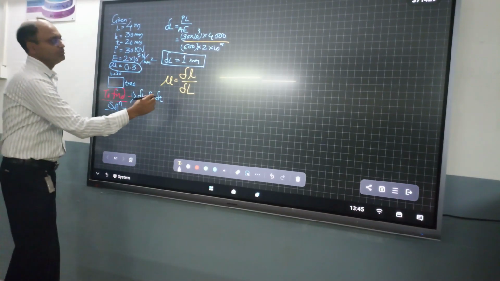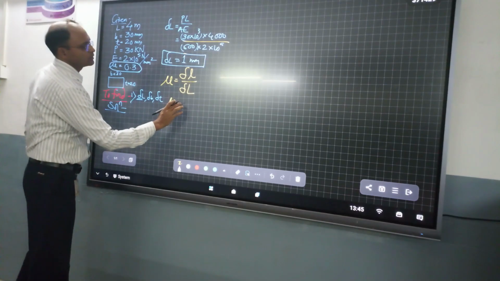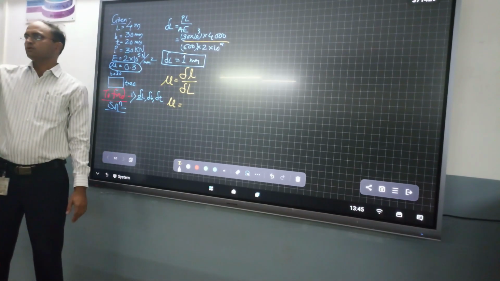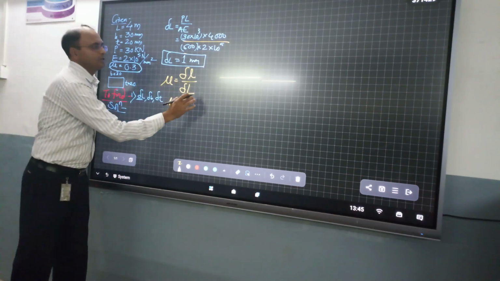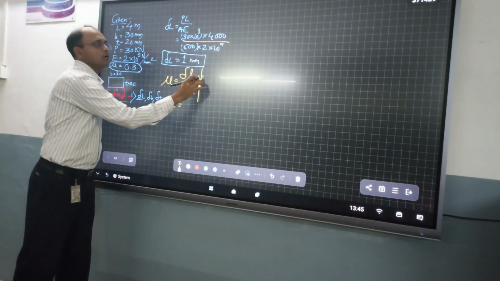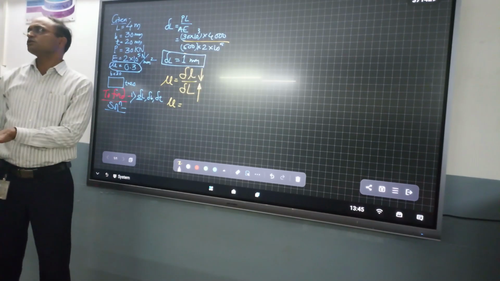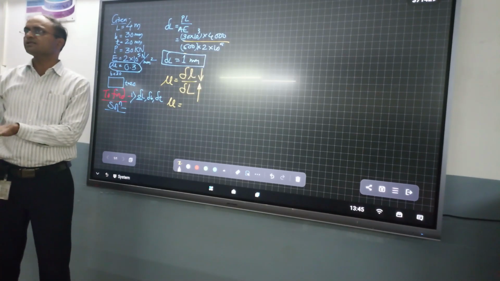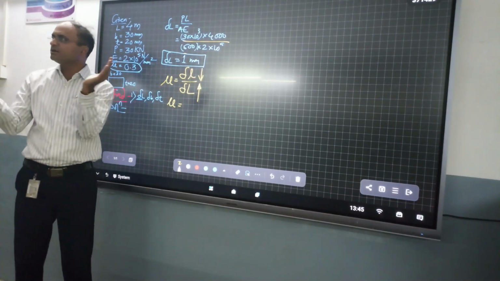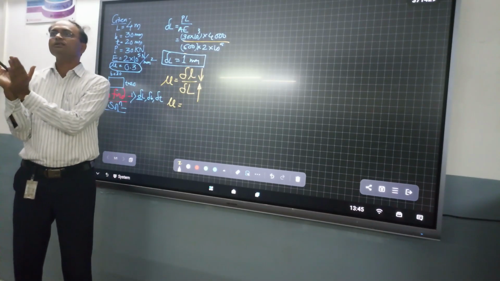Yes. So I can write mu as, therefore mu is equal to, what is delta L? As seen that day, if delta L increases, meaning the length increases, then the other two dimensions decrease. Is it clear? That is the concept of lateral strain. If length increases, the other two dimensions reduce, they decrease.